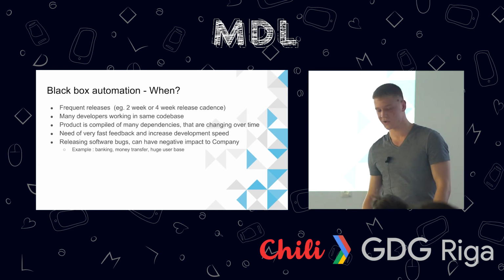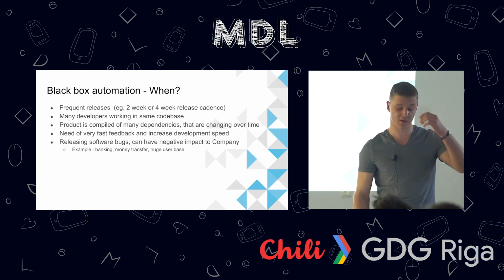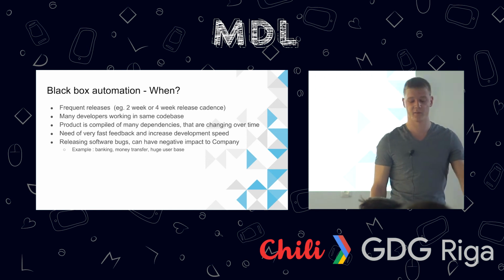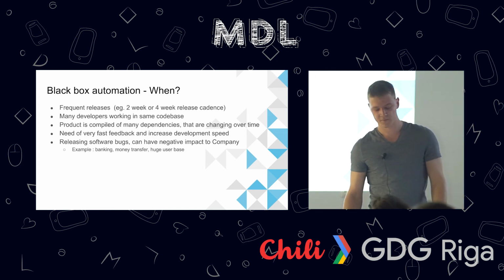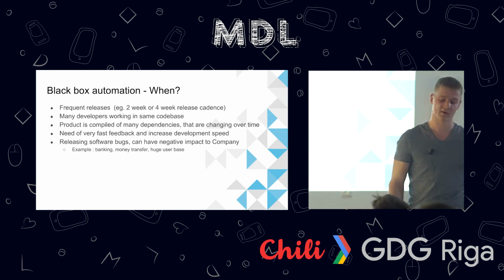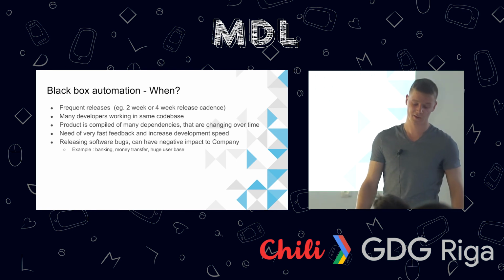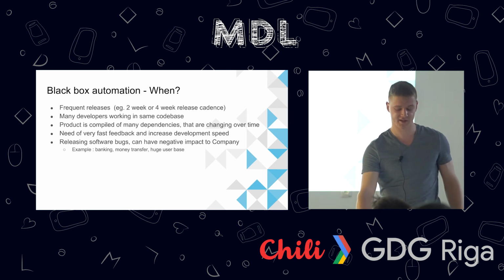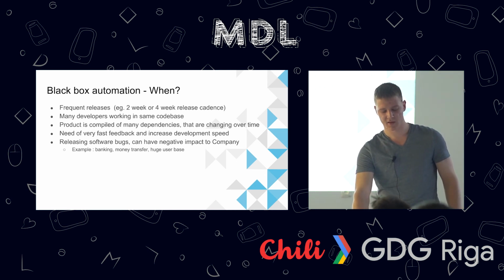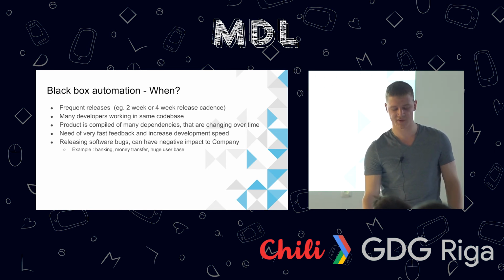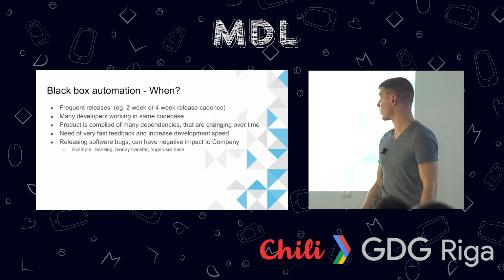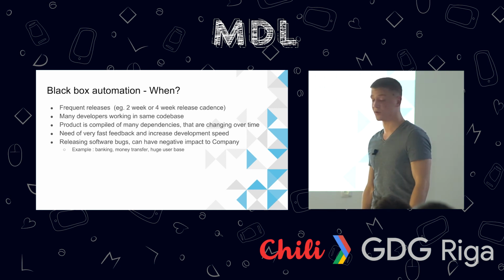For example, if the project has very frequent releases, like every 2 or 4 weeks, and many developers are working in the same code base, not only one, then it's a good thing to have Blackbox automation, so that we can be sure that we catch bugs as soon as possible. But if the application has only one version, and there are no very frequent releases, or if there is only one developer, then it's not so important.